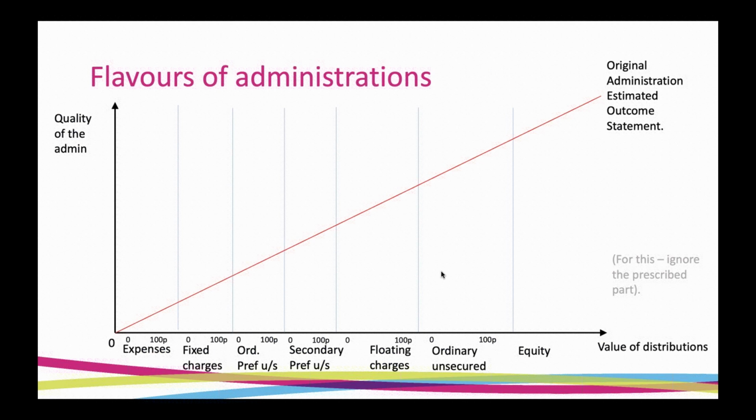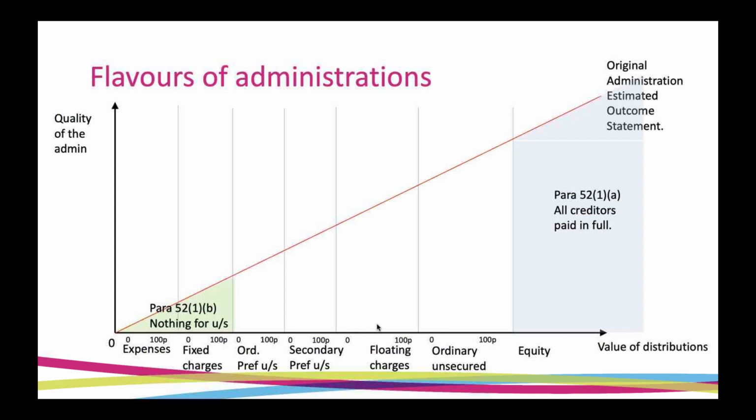So bottom left-hand corner, you've got the sorts of administrations you really don't want, where you're not even getting enough realizations to pay your own expenses, let alone distribute anything to creditors. At the other end of the scale, the right-hand edge, you see there the superb, wonderful administrations where not only are you managing to pay all of the creditors all that they are owed, but there's actually some money left over for the shareholders as well.